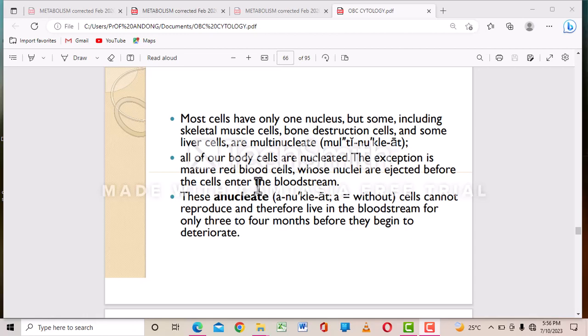Also, we have cells that are mononucleated and multinucleated. Mononucleated means one nucleus, like for example hepatocytes and macrophages. And we also have cells that are multinucleated, for example skeletal muscle cells and osteoclasts, that is the bone destruction cells.